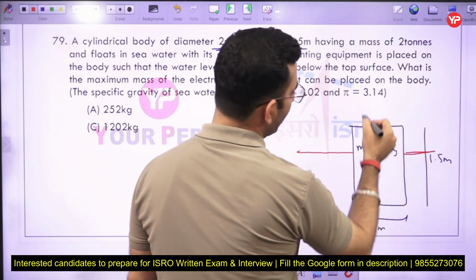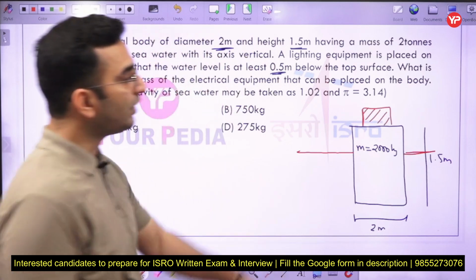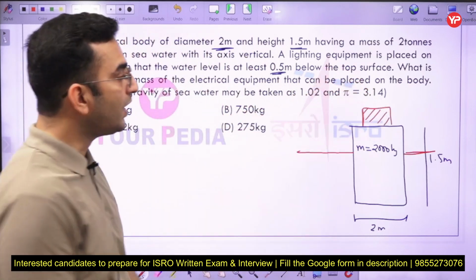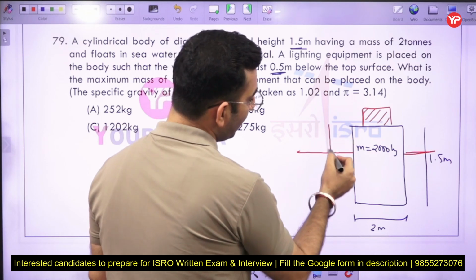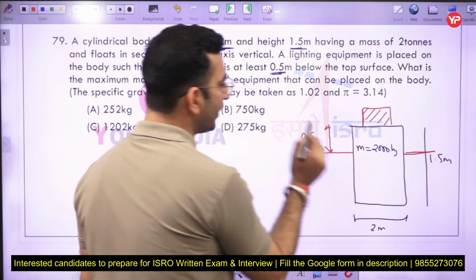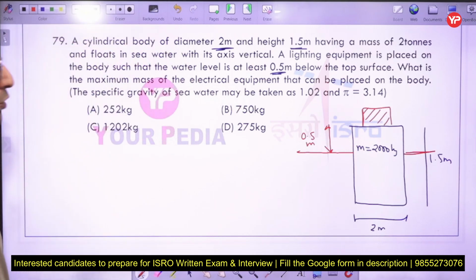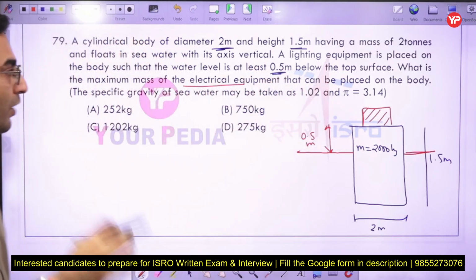So here we have placed an equipment over this body, and due to this the entire structure has been submerged in the liquid in such a way that the top surface is lying 0.5 meter above the free surface. Now the question is, what is the maximum mass of the electrical equipment that can be placed on the body here?